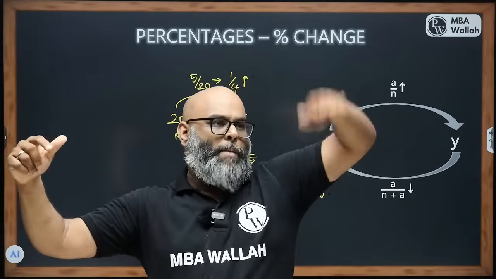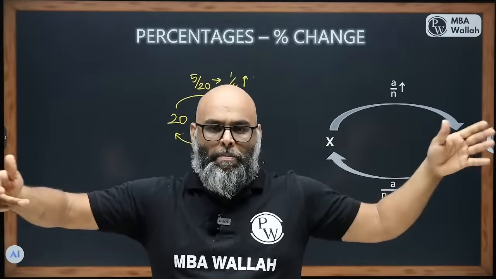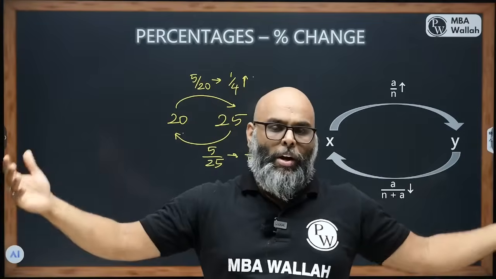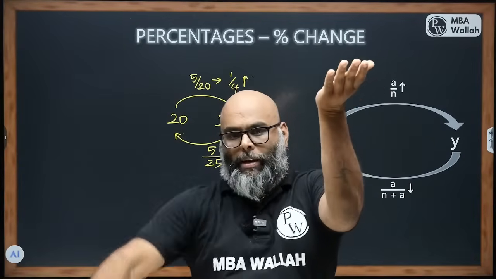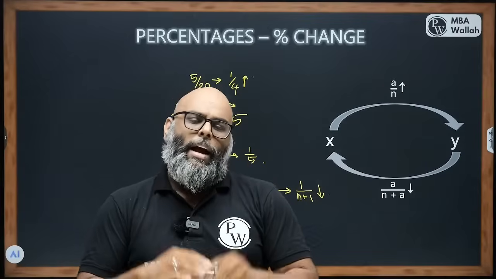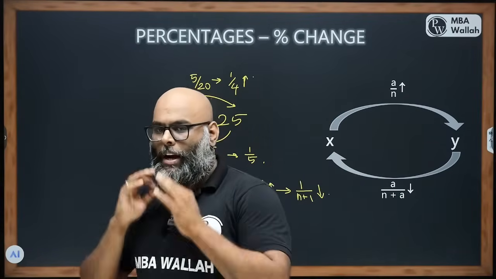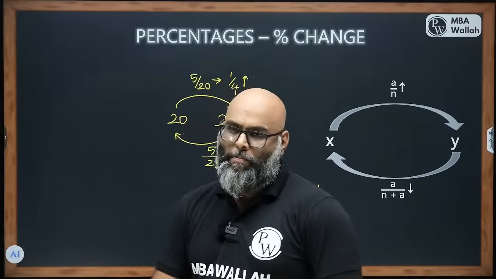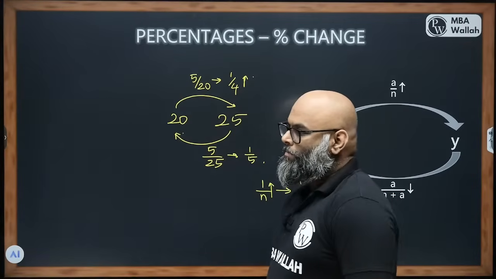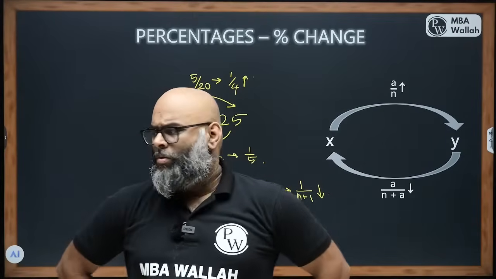More the number of people, fewer the number of days is an inverse proportionality. You can use this property there. Speed increases, time decreases. Inverse proportionality, follow it. Any question that comes up with the concept of inverse proportionality, this pops up. Clear? Any doubts?